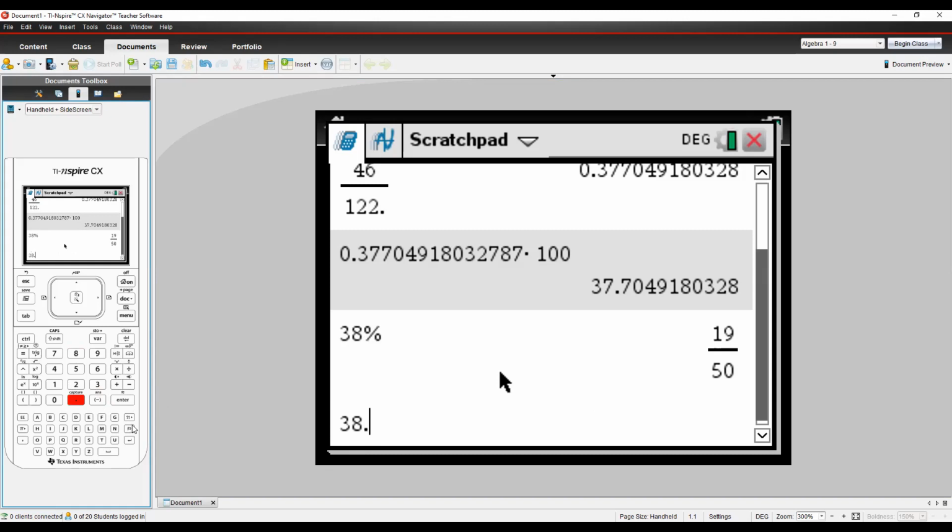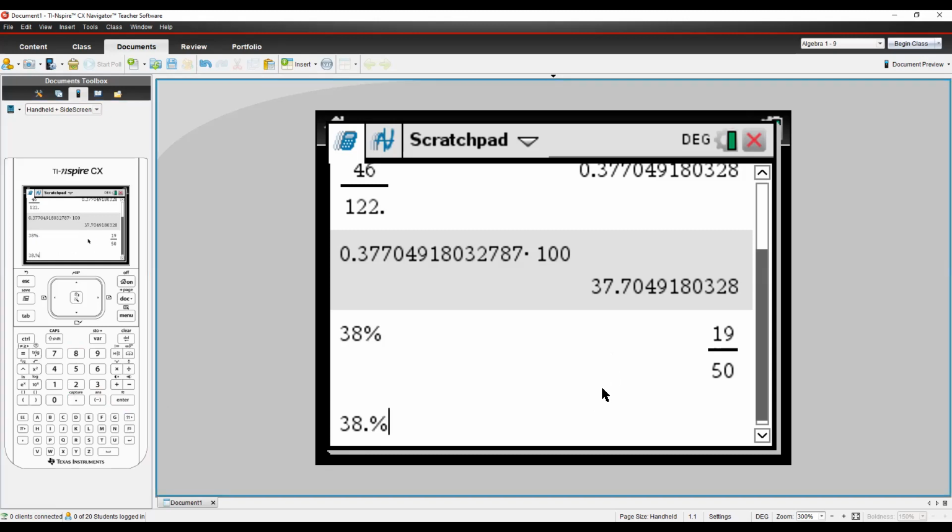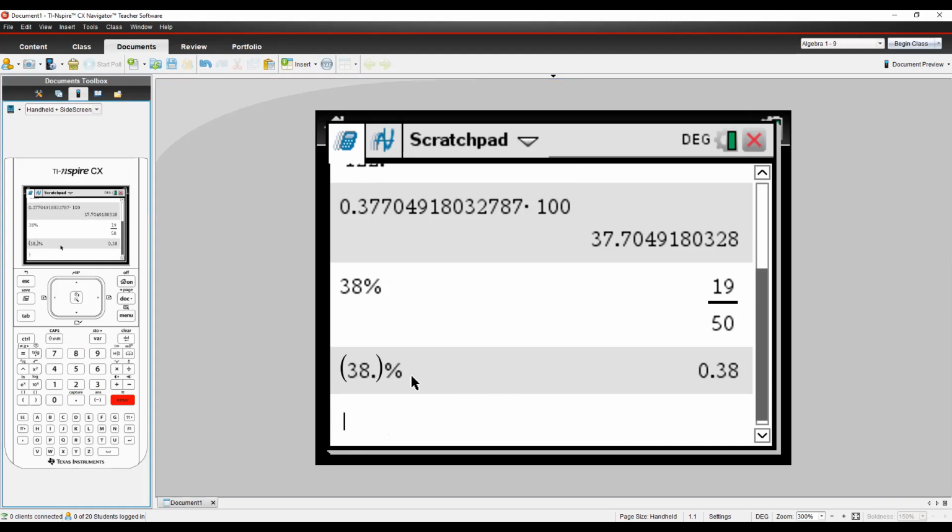And then it tells us that 38% is the same thing as 0.38, which is what we would have had up here. So we know that that is the answer. So 38% is rounded to the nearest percent. So that's how you would do it.